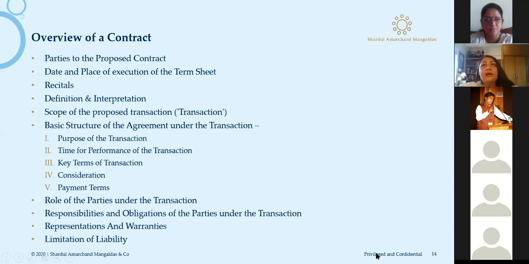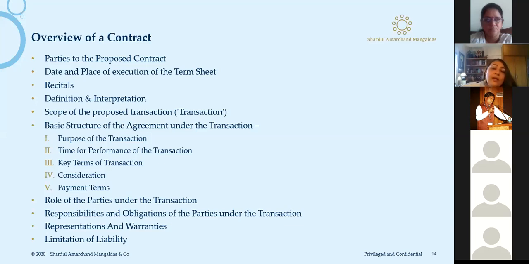Definition clauses are in order to make it easy for everybody, so that the same terminology is used across the contract consistently and has the same meaning. Right at the upfront, we define certain provisions, and then we use those terminologies across the contract, and everybody can understand what it essentially means. It's also a very effective way because you don't have to say the same thing again and again.